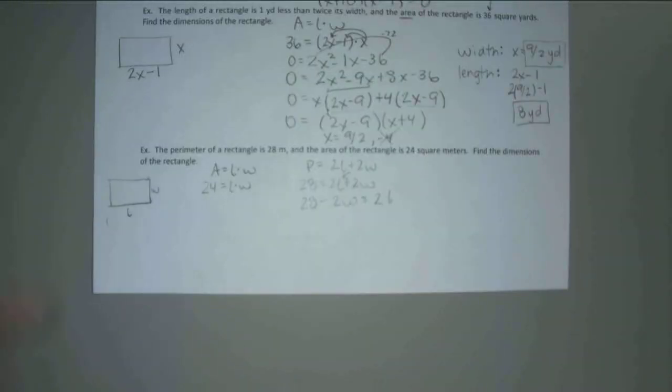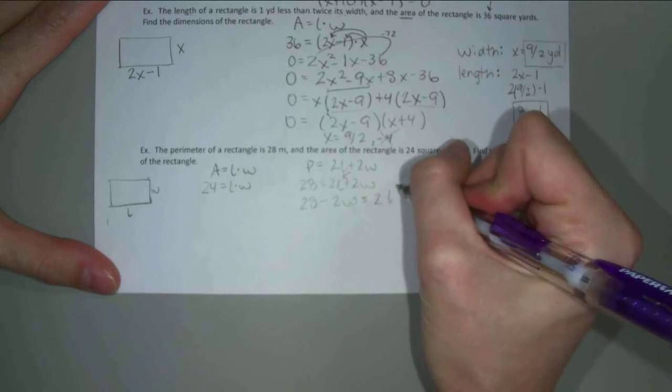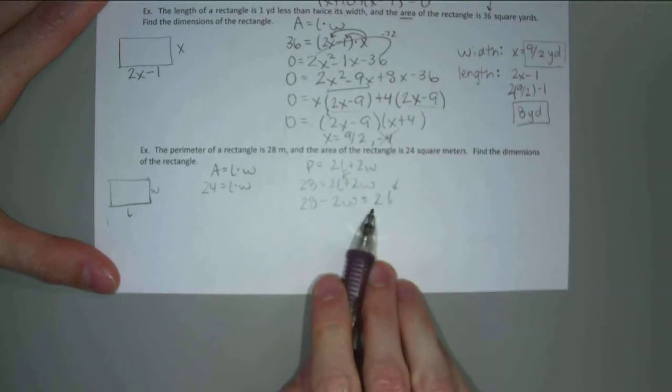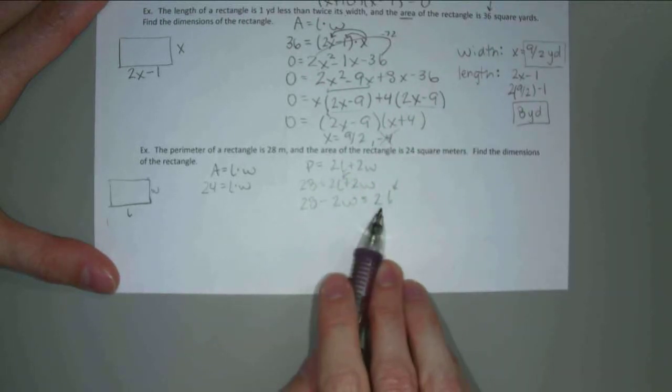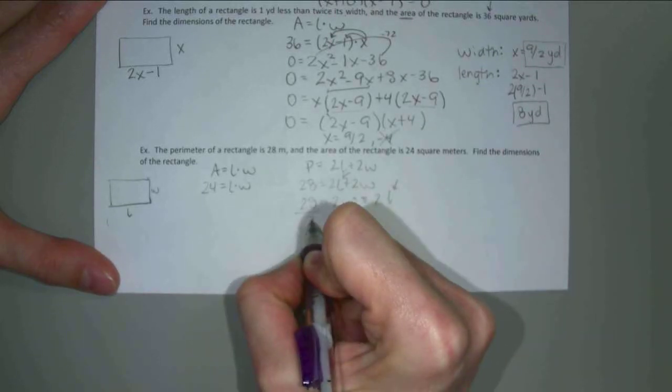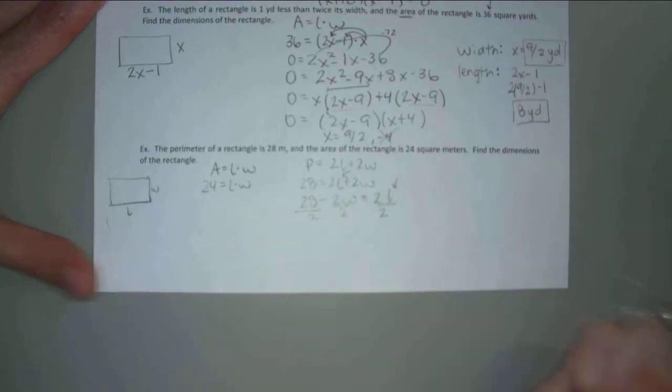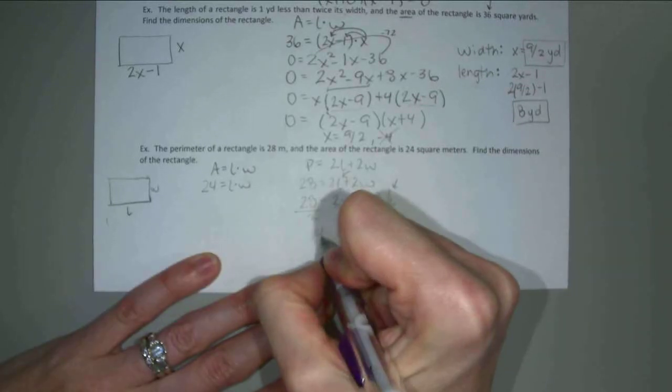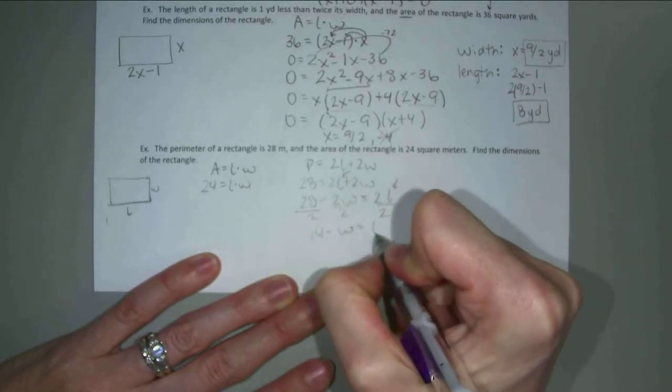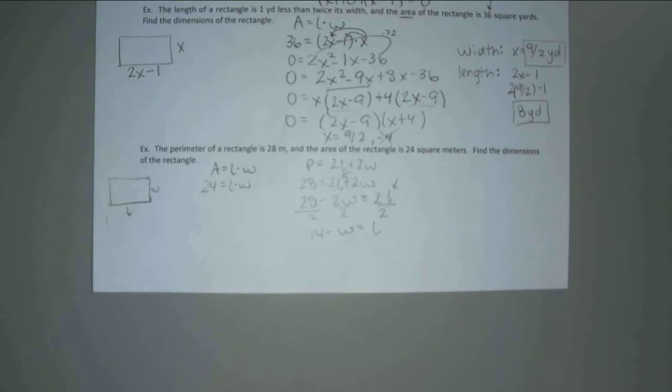Alright. We still want to get L by itself, but who's in its way? The 2. How do you undo multiplication? Divide. So we're just going to divide everything by 2. So you have 14 minus W equals L. You say, well, what's the point of this? We now have L in terms of our width, just like we did up here.